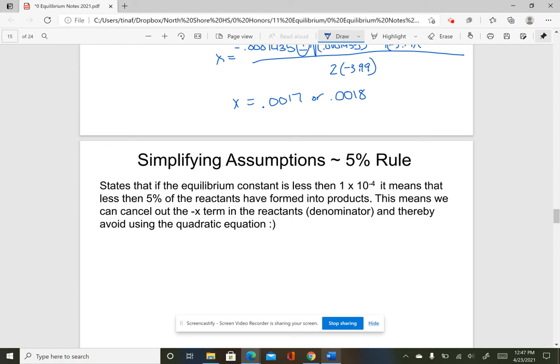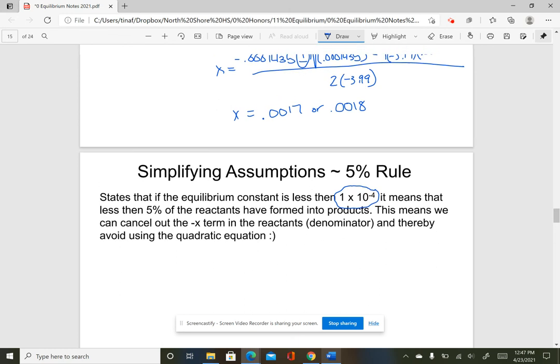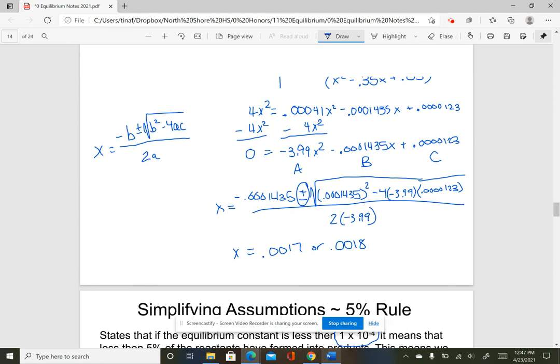If the equilibrium constant is less than 1 times 10 to the negative 4, that means it's a very, very, very small value, which means that not a lot of products are being made. You're doing a very small number divided by a big number. So if you don't have a lot of products being made, you can actually ignore the minus x in the denominator. And I'm going to show you what I mean.